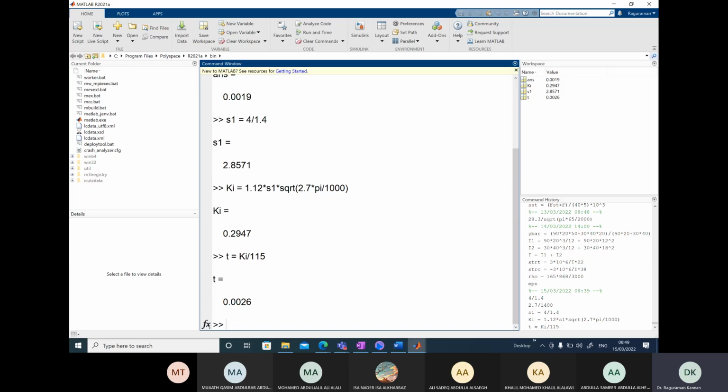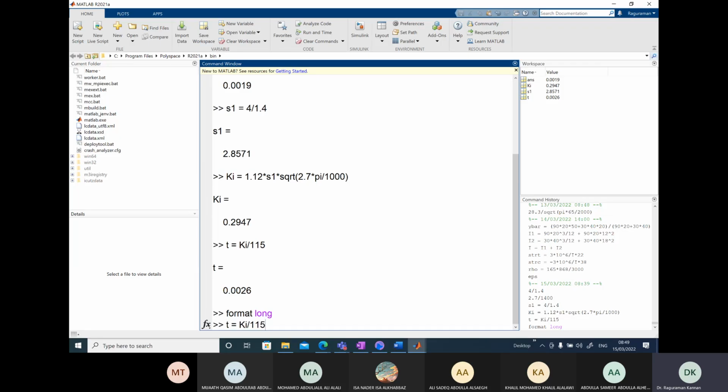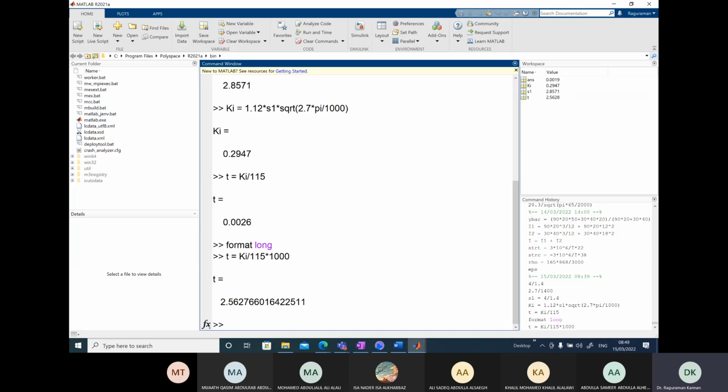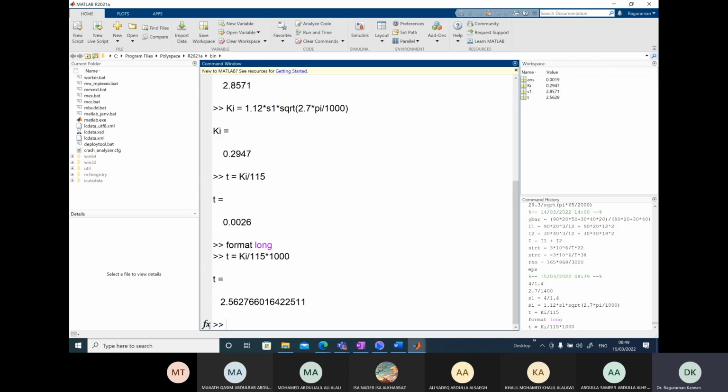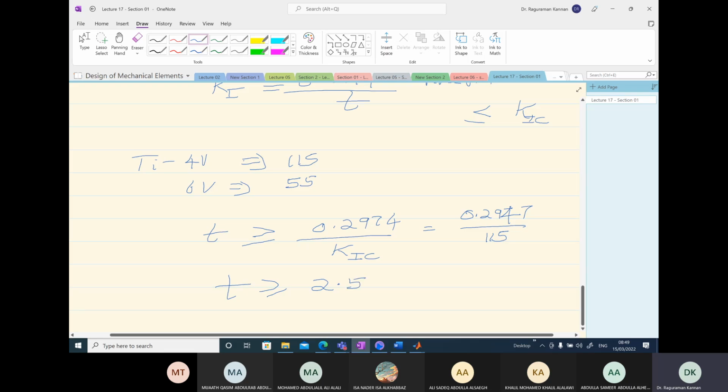Let me multiply by 1000 to get it in millimeters rather than meters, so I get a more accurate value. 2.5627, so I can approximate to 2.57 millimeters.